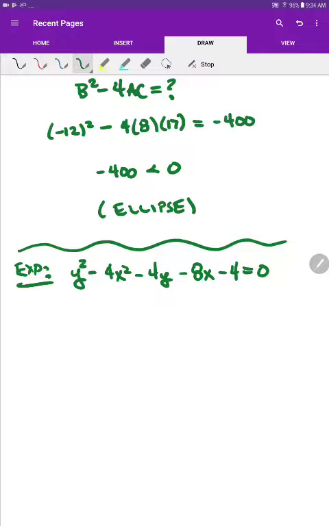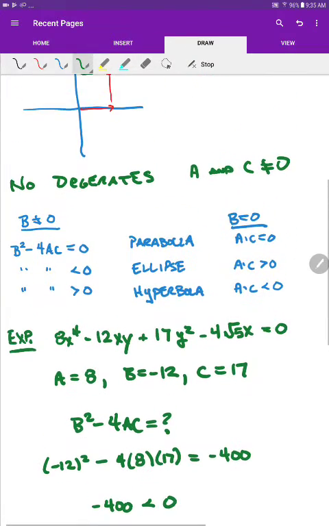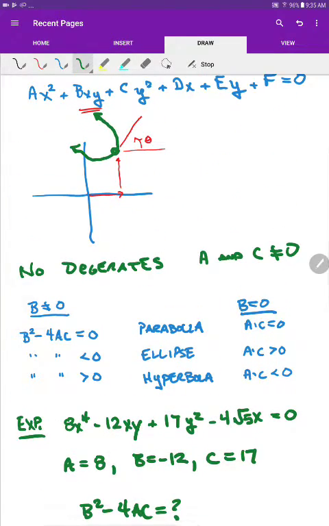Well, we have to set it up in this form: ax squared plus bxy plus cy squared.